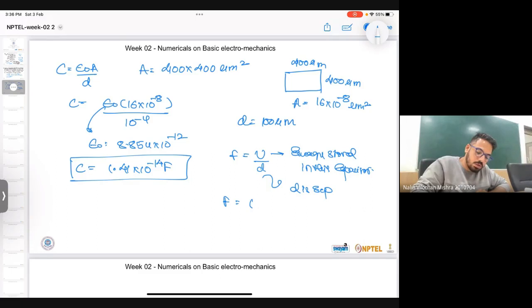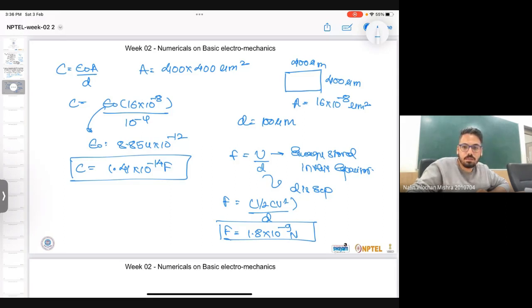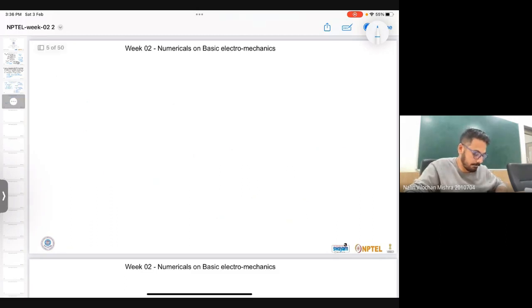U can be written as half CV square, and the value of D is 100 micrometer. By putting it in, we will get the force as 10 to the power minus 9 newtons. Anyone has any doubt till here? Okay.